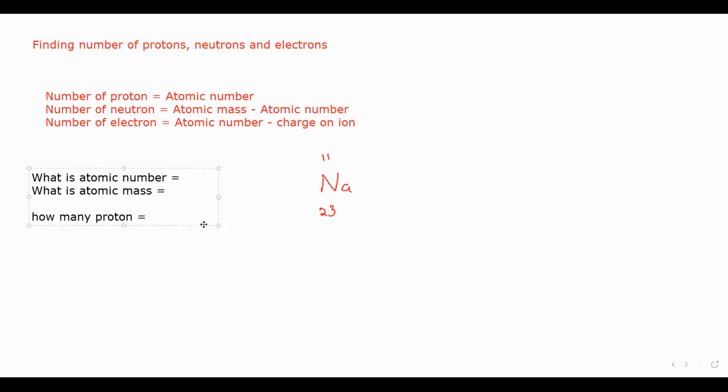The formula is atomic mass minus atomic number. Atomic mass can be represented by A, and atomic number can be represented by Z. This is just a representation, letters we use.